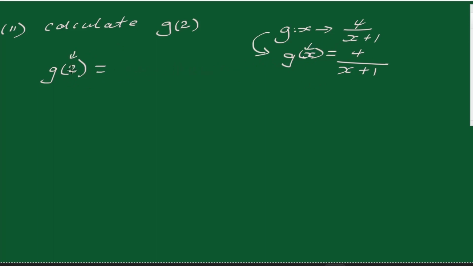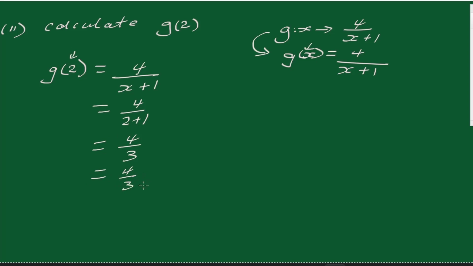So 2 replaces x, and whatever we have in the bracket here will tell us the input into the function. Anywhere you see an x, we'll replace it with 2. So our final answer for this particular question is 4 over 3.